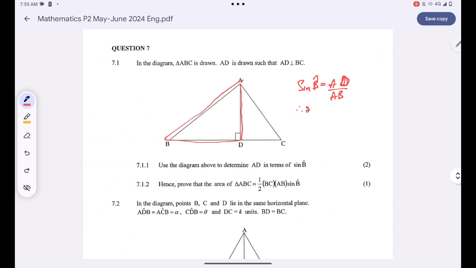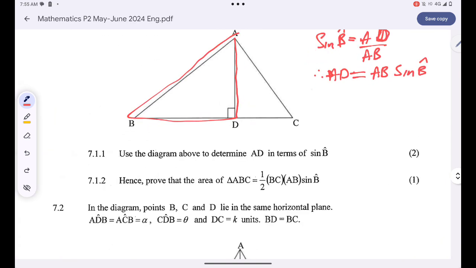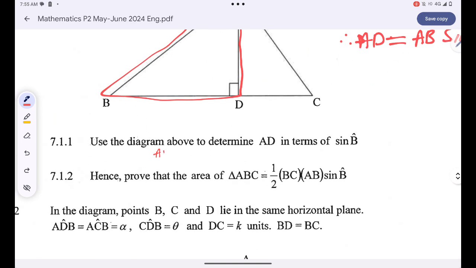So therefore AD is equal to AB multiplied by sine of angle B.